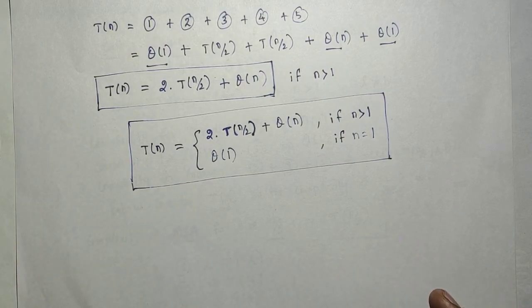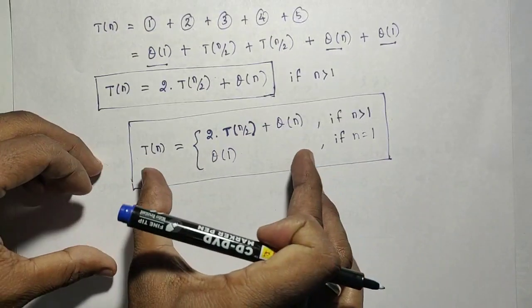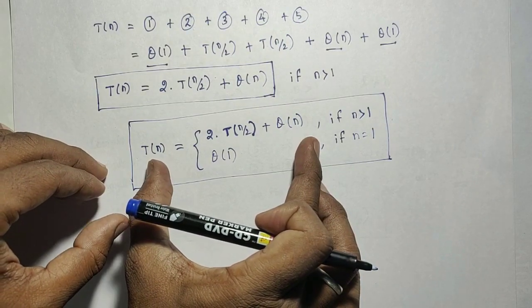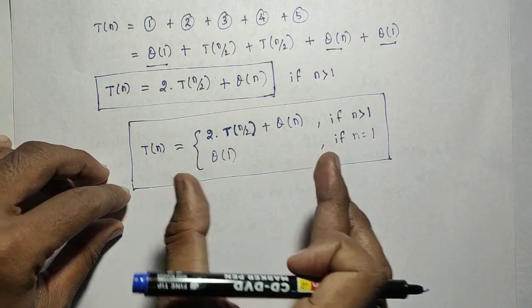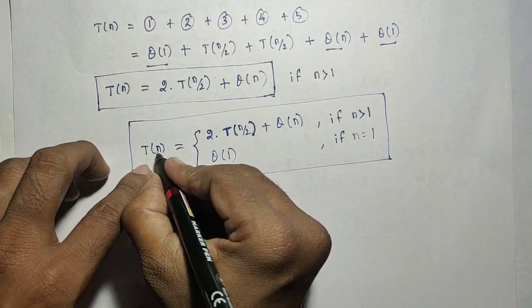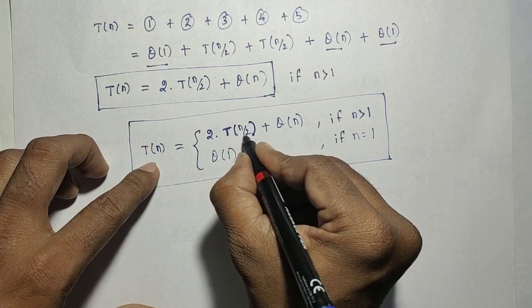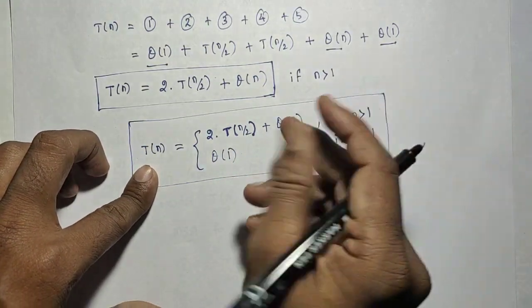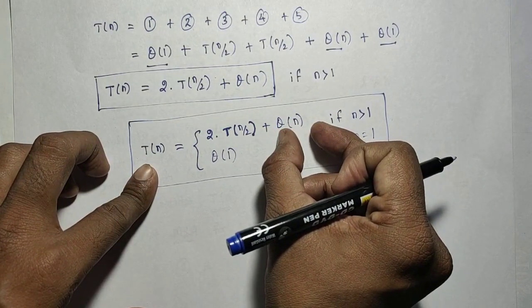Usually when you analyze a recursive algorithm, you will get an expression like this finally, a complexity in this template. Usually these expressions contain T of n by 2, or T of n by 4, n by 3 like this, plus some known complexity: a mix of unknown plus known complexity.